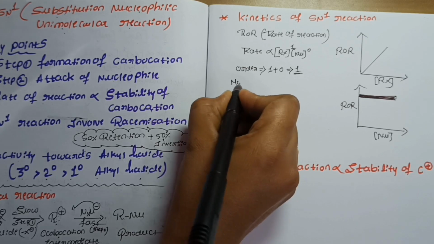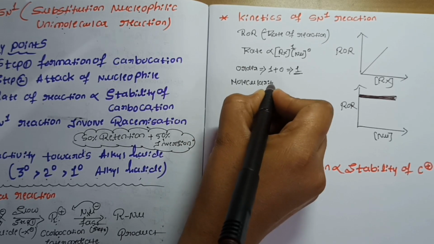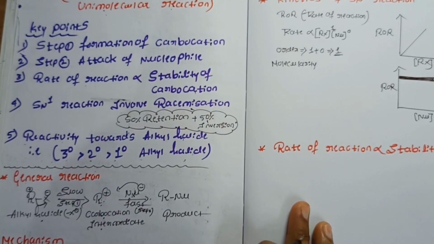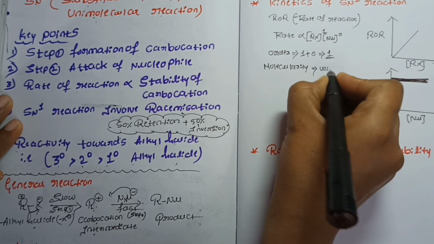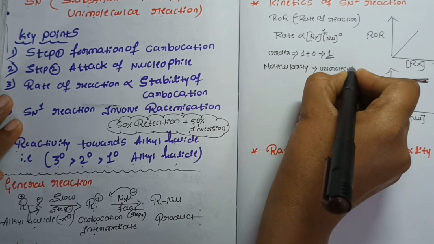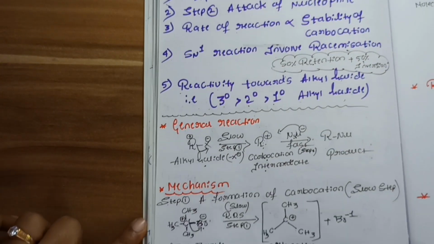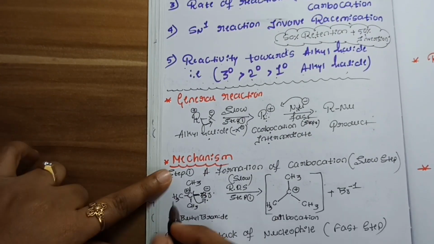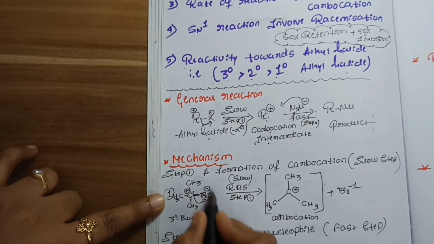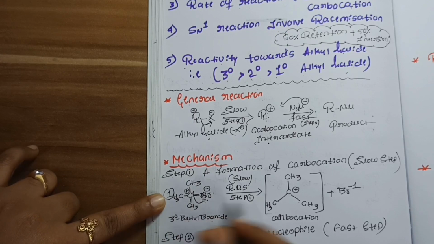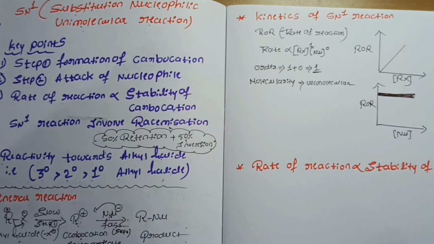Now next, molecularity of the SN1 reaction. Molecularity is unimolecular. How? Molecularity also depends upon the slow step. In the slow step, how many molecules did we take? Only one molecule as a reactant. So molecularity for the SN1 reaction is unimolecular.